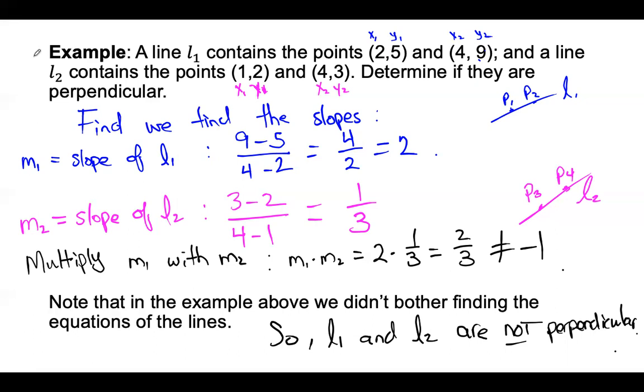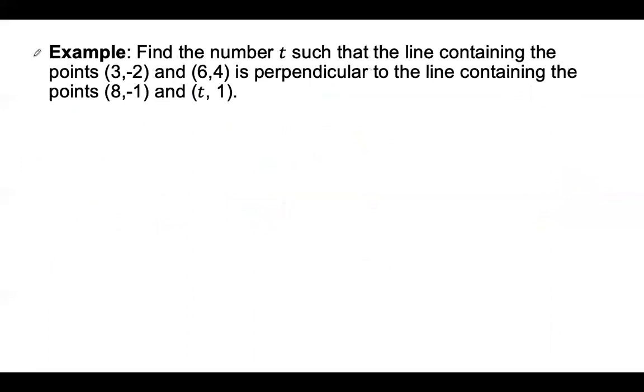So we can write y minus y1 is equal to m times x minus x1. And then we calculate that and get the equation of the line. It's a bit more steps, but if you want, you can ask me in the seminar.